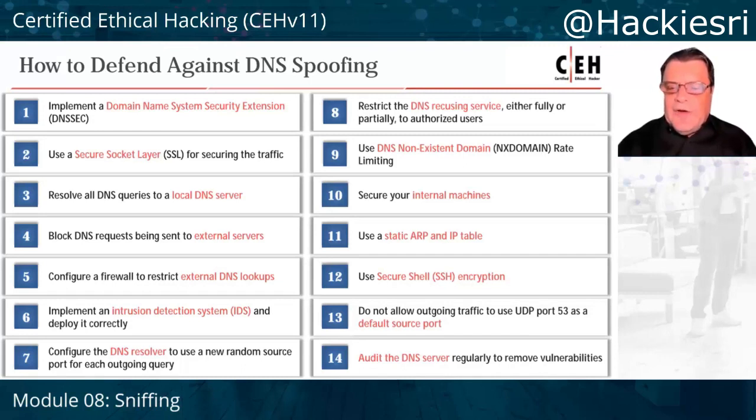Use a static ARP and IP table. You can use secure shell encryption. This one is especially potent. Again, using secure shell encryption is very useful in this case. Or 13, do not allow outgoing traffic to use UDP port 53 as a default source port. And lastly, you can audit the DNS server regularly to remove vulnerabilities.